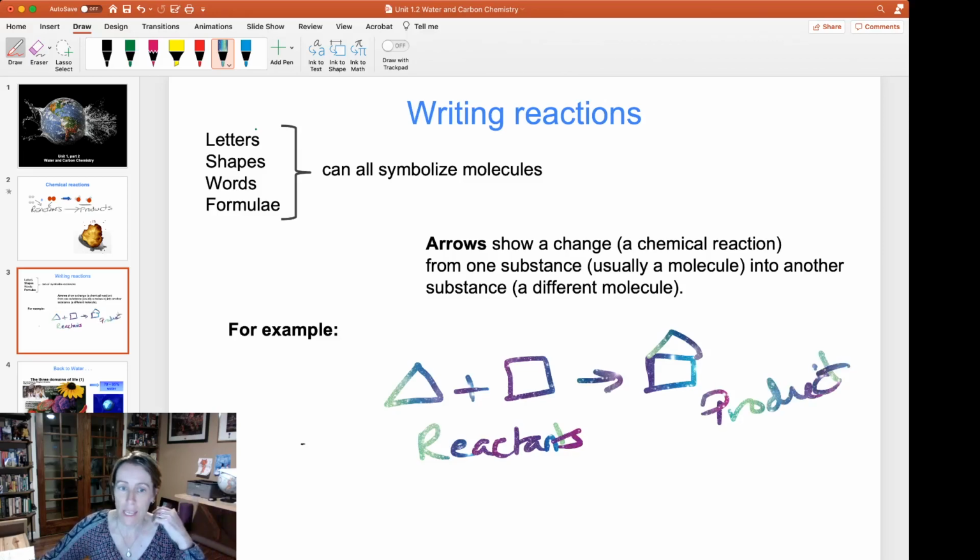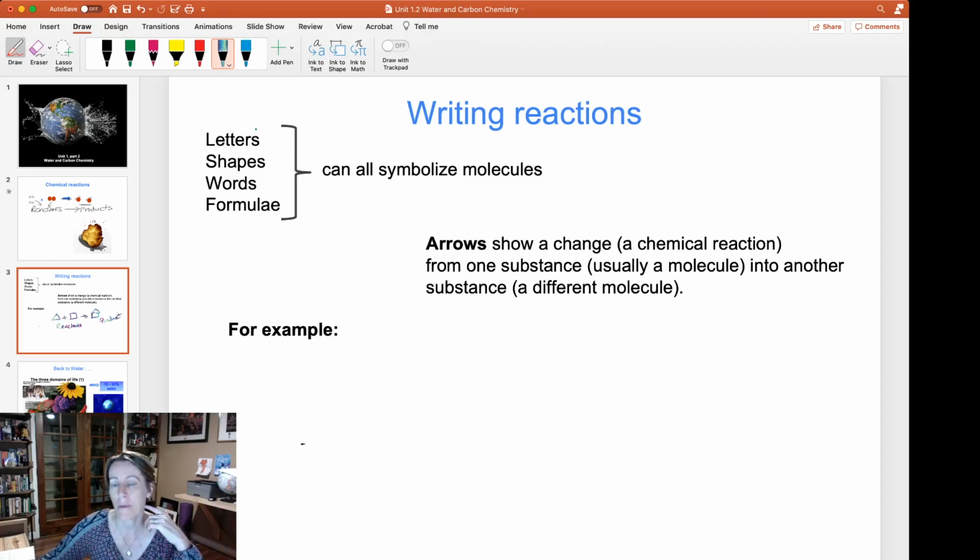So you're going to have to get used to seeing all these different ways of showing chemical reactions. Sometimes I might use colors, sometimes shapes, sometimes letters, sometimes it'll be words. You always look at the arrow. The arrow tells you what you're starting with, the reactants, and what you end up with, the products. So just a quick, simple review of how we show reactions in chemistry and biology.